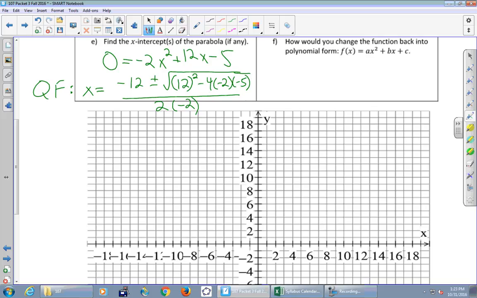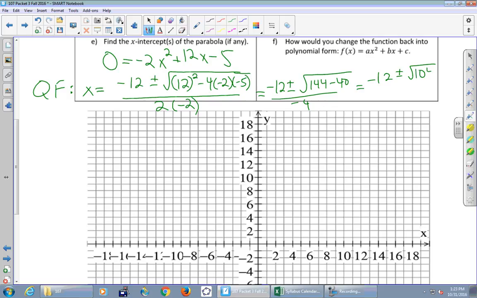Okay, let's crunch all this through. Negative 12 plus or minus square root of, can somebody get us just a single number here? That's 144, and then it's going to be a minus, 144 minus 40, and that's divided by negative 4.